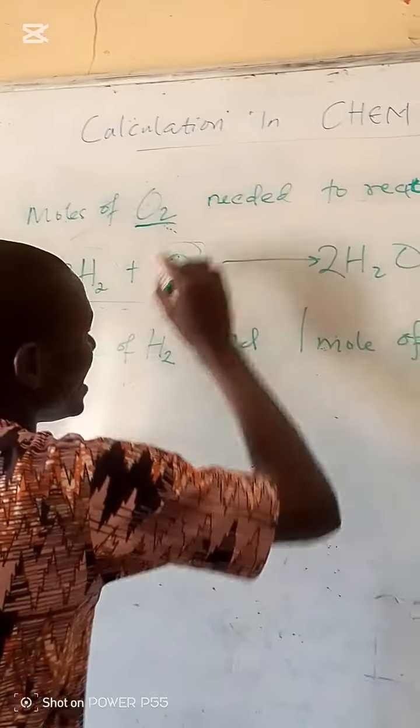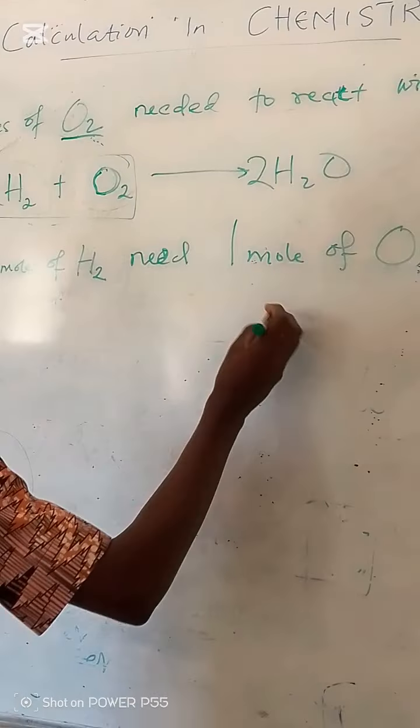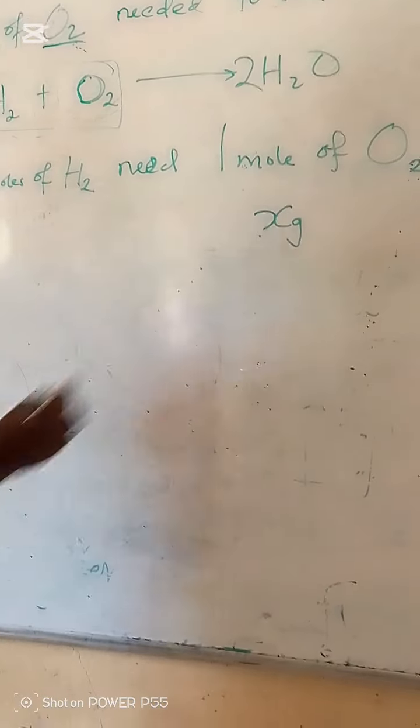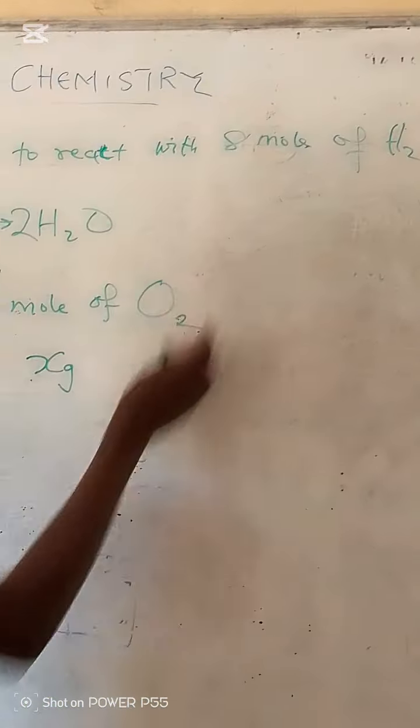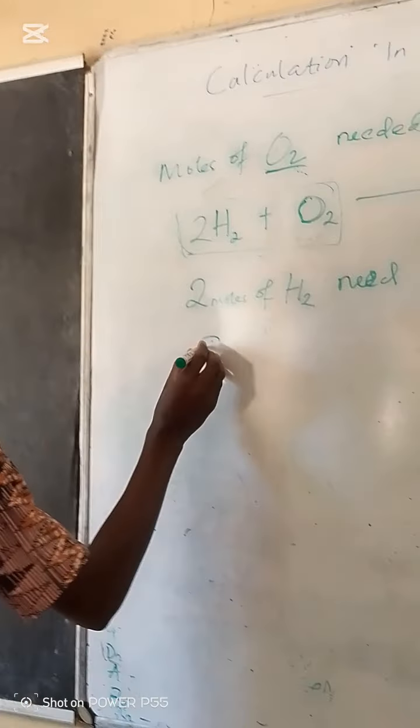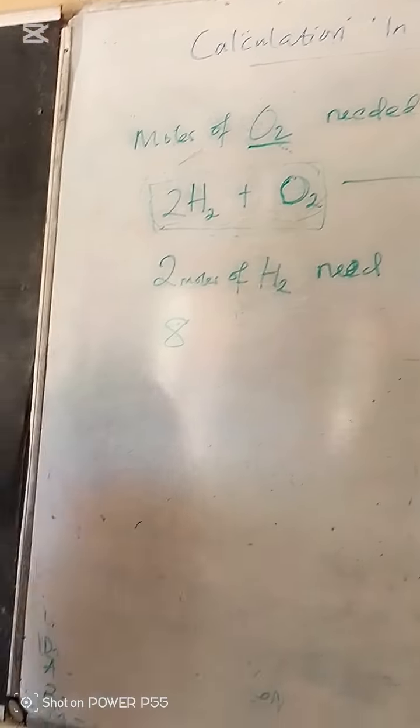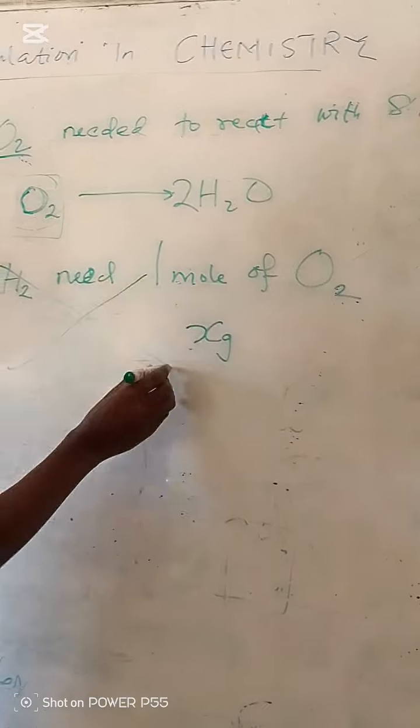Now the question is, how many moles of oxygen needed? Now it means the oxygen part is not given, moles of oxygen needed to react with 8 moles of hydrogen. The hydrogen part is given, 8. Simple. So what do we do? Cross multiply.